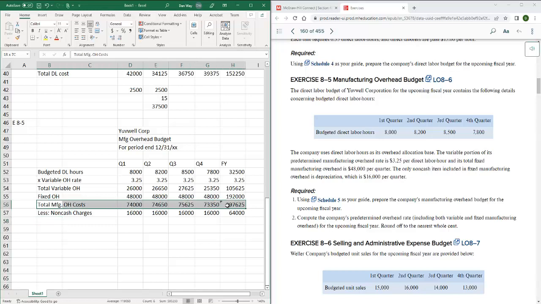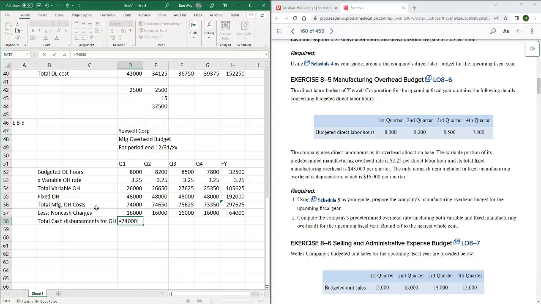And now our total overhead minus the non-cash charges gives us our total cash disbursements for overhead. So Q1, 74,000 in total overhead minus the 16,000 in non-cash means I'm writing checks or making charges of 58,000 in cash for overhead costs.